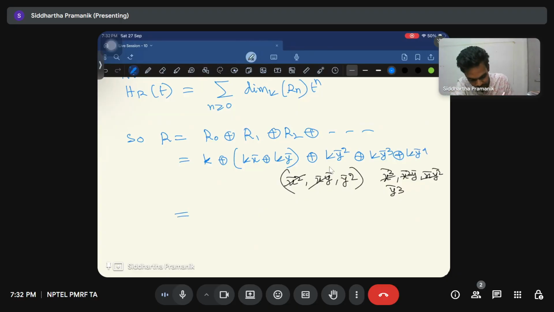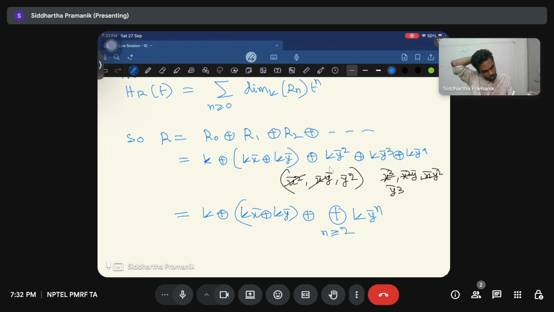So this is basically k direct sum k x bar direct sum k y bar and direct sum with k y bar power n, where n is greater or equal to 2. So the Hilbert series: this dimension is 1, so 1 is the coefficient of t power 0.